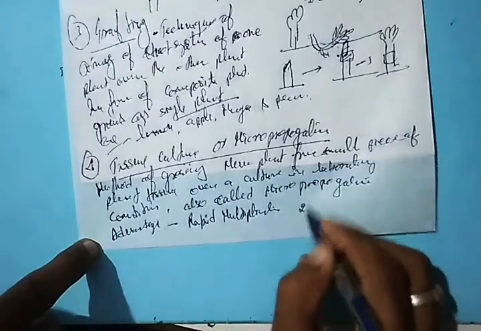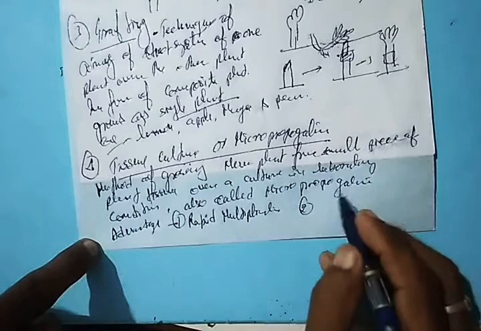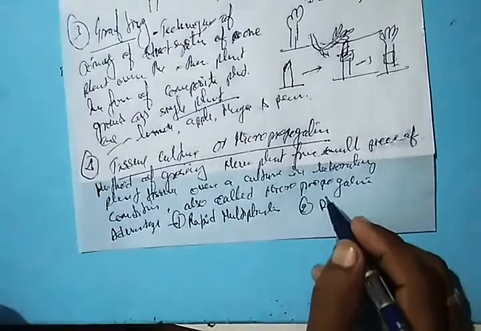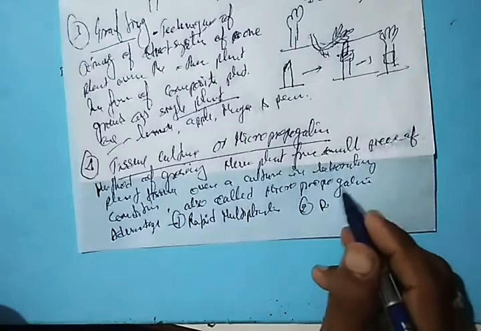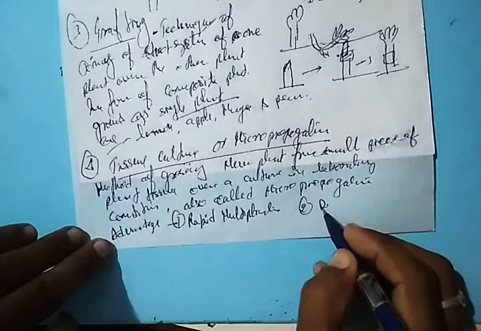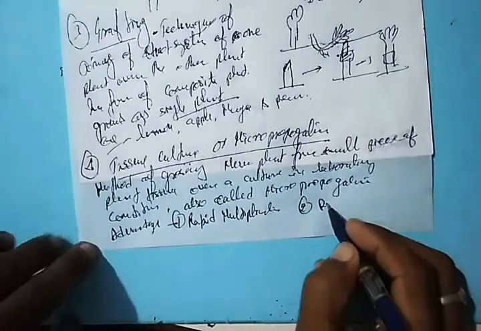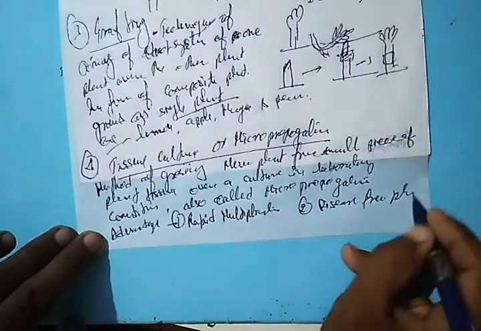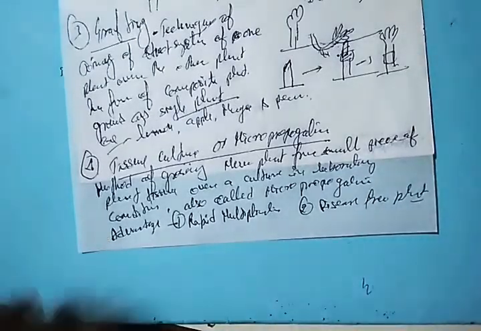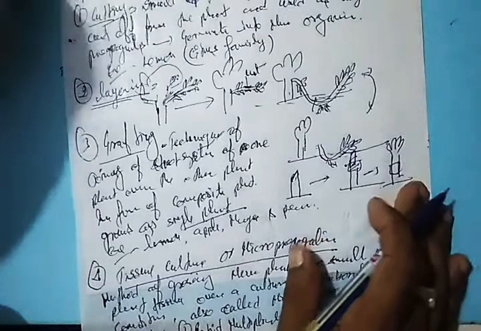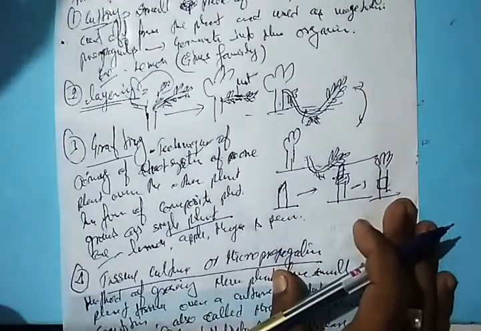And the second advantage is that you get disease-free plants, because you grow the plant in laboratory conditions, so no disease gets on the plant. Okay, so after this topic, we have completed the asexual type of reproduction in unicellular and multicellular organisms.